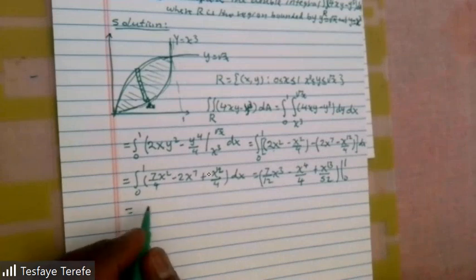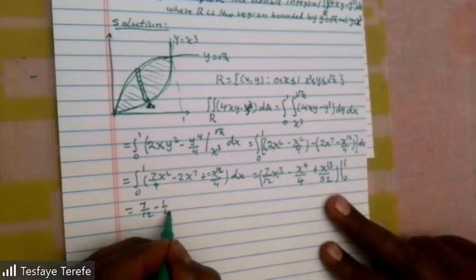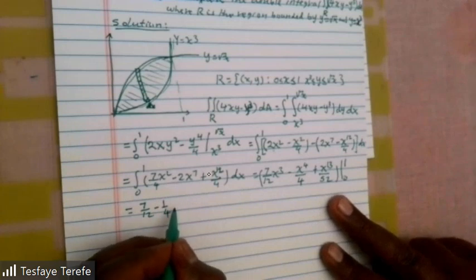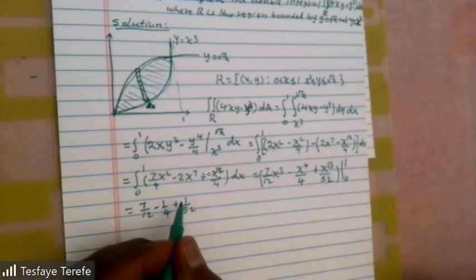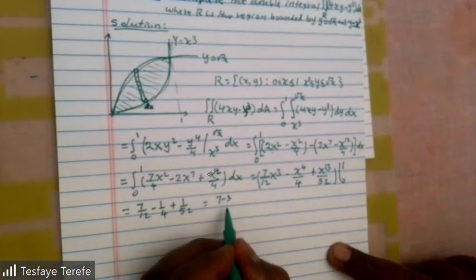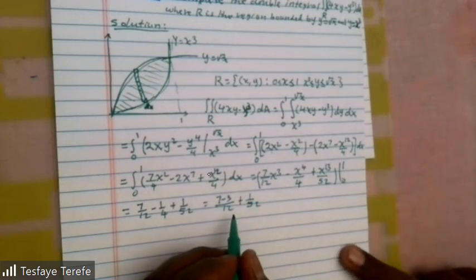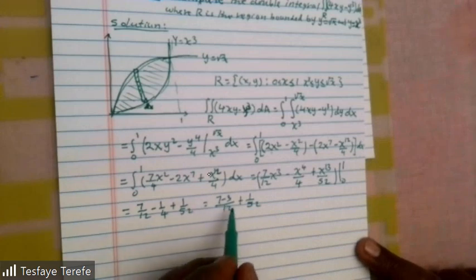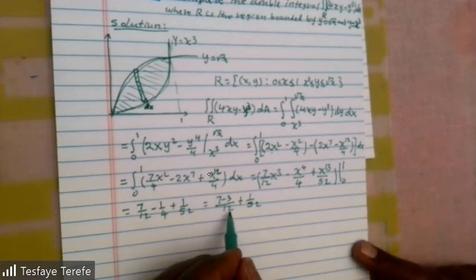Okay, this will give me actually 7 over 12 minus 1 over 4 and plus 1 over 52. Okay, so let us make this one 7 minus 3 over 12 plus 1 over 52. 7 minus 3 is 4. 4 over 12 is 1/3.